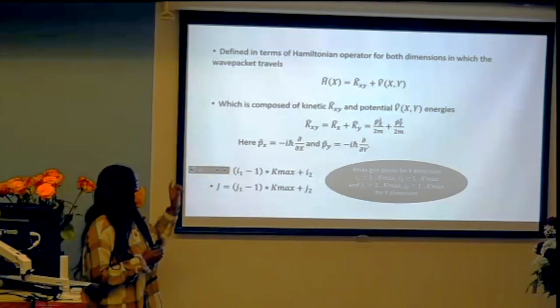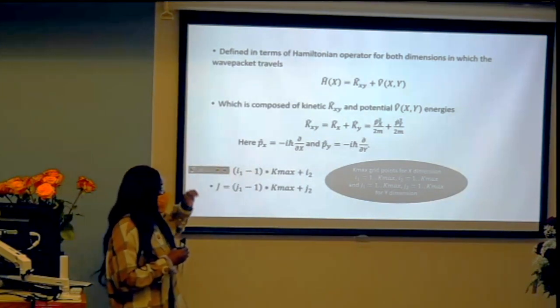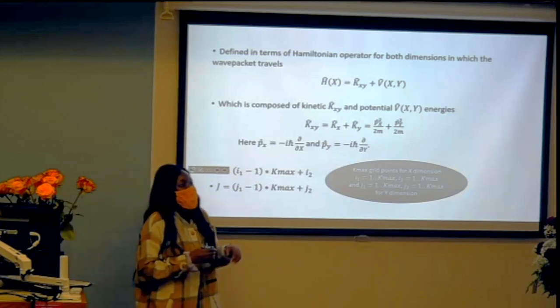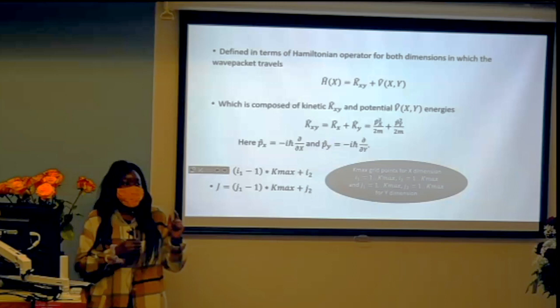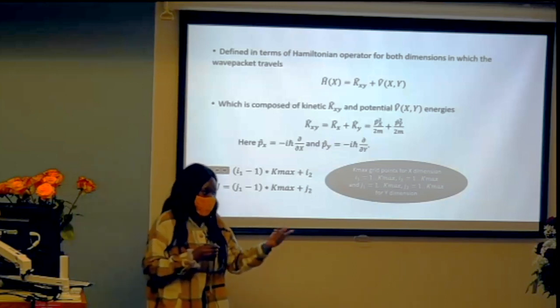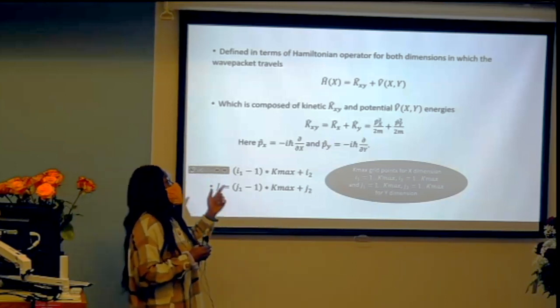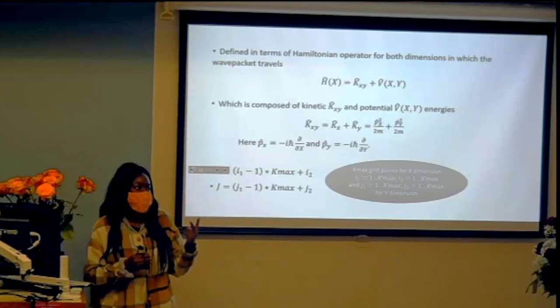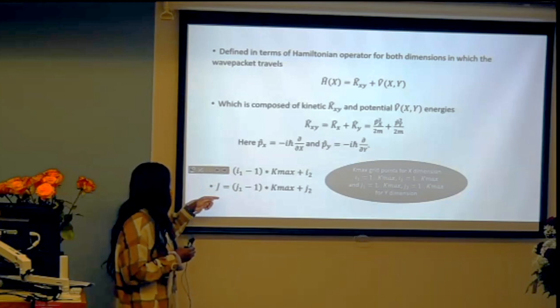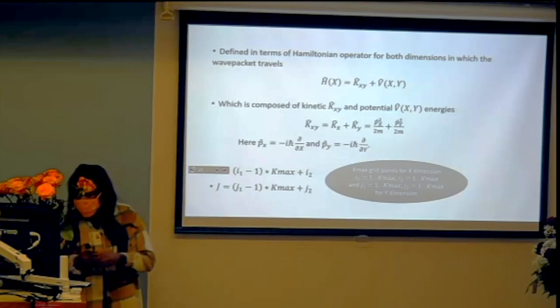By taking the Hamiltonian operator and the unity operator, the product of those two, you get the kinetic energy. Because MATLAB doesn't like that, we have to translate those four indices into two super indices, which are then labeled I and J.